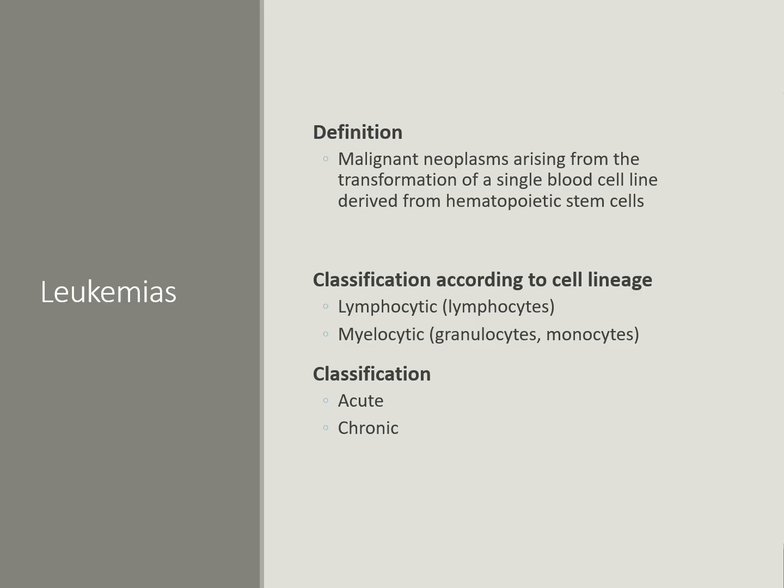The myelogenous leukemias involve the pluripotent myeloid cells in the bone marrow, and those leukemias interfere with the maturation of all blood cells, including the granulocytes, the erythrocytes, and the thrombocytes. So the myelocytic leukemias involve many different cell types beyond just WBCs. And again, acute versus chronic, and we'll talk about both types.